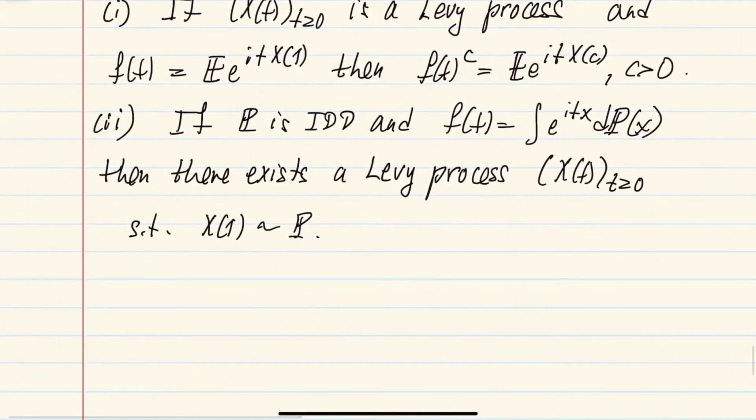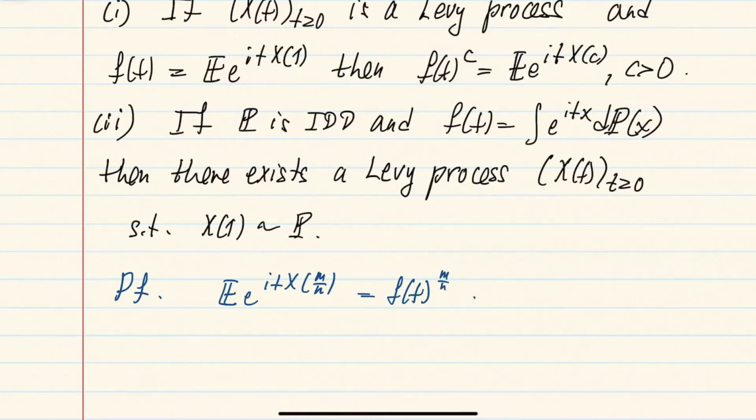Okay, so to prove the first statement in this theorem, we notice that it is kind of obvious if you take the time to be rational of the form m over n, right? In this case, this follows from independence and stationarity of the increments.